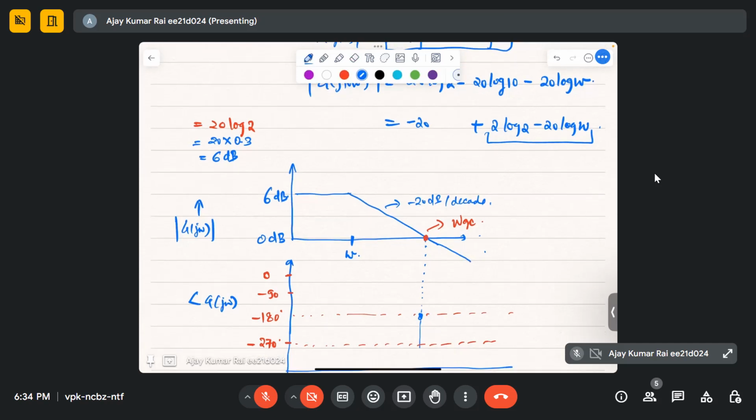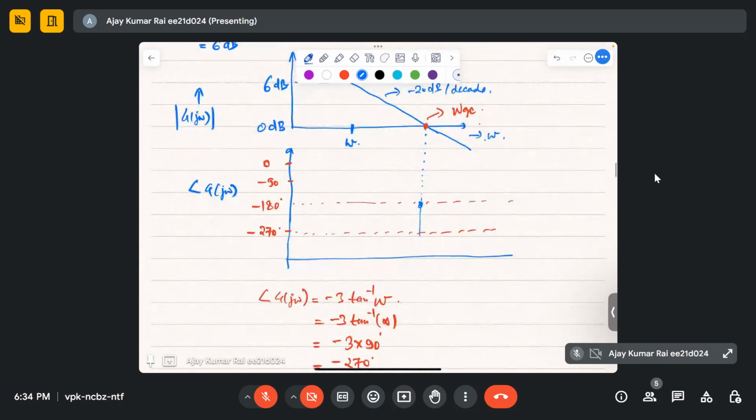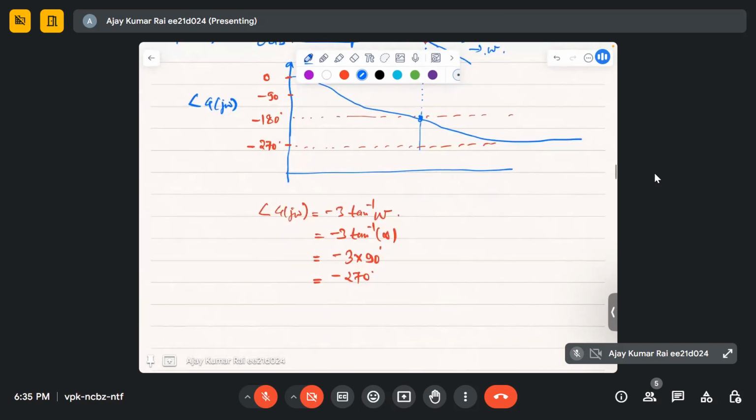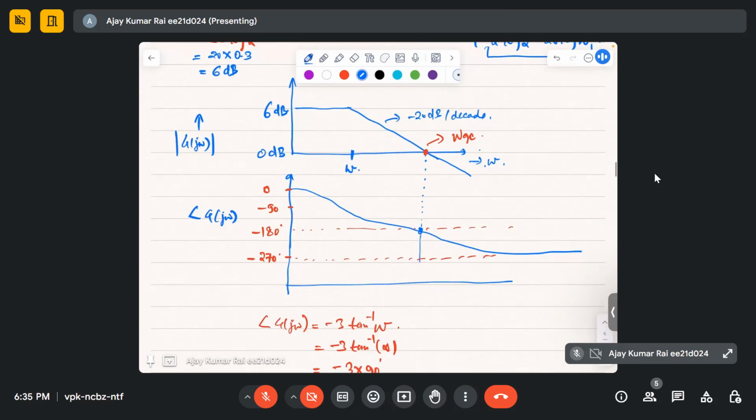So this is how the plot will look like at higher frequency. We are drawing the phase plot. The phase plot should go like this, roughly I'm drawing it. Try to find at omega equal to 1 what is the phase. You'll get some negative value.